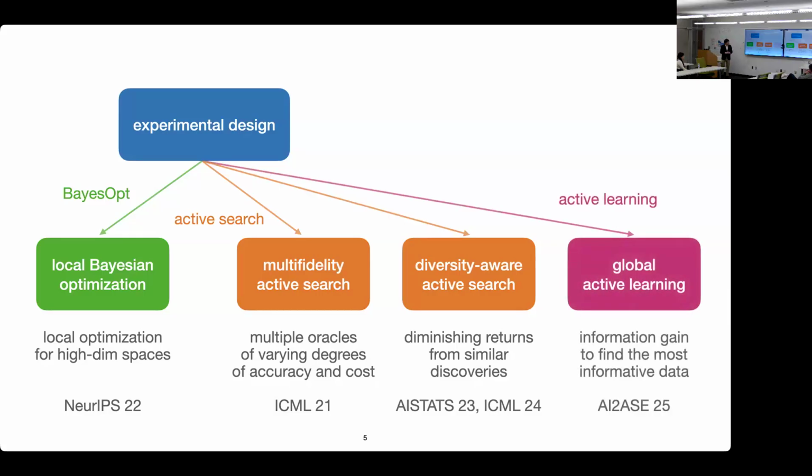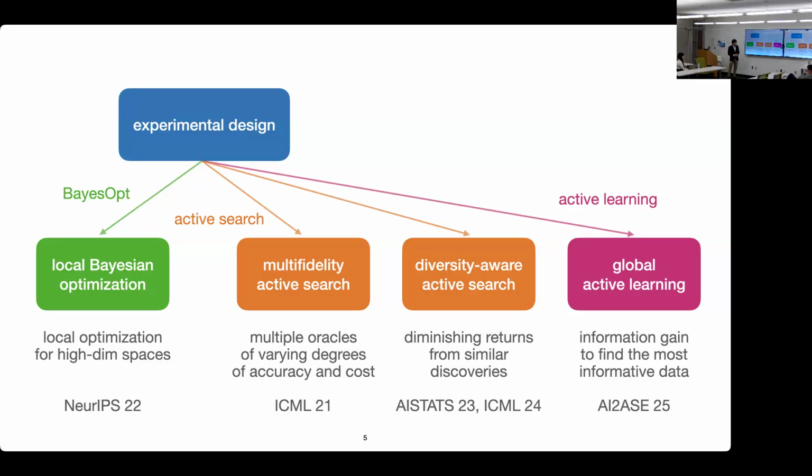And finally, in my recent work, I've been thinking about the goal of active learning. So instead of just maximizing with Bayesian optimization or searching for as many good data points as possible, now we care about learning about some phenomenon of interest, not just collecting good data. The goal here is to gain as much information about some phenomenon of interest as possible.